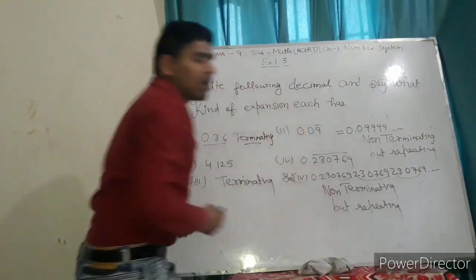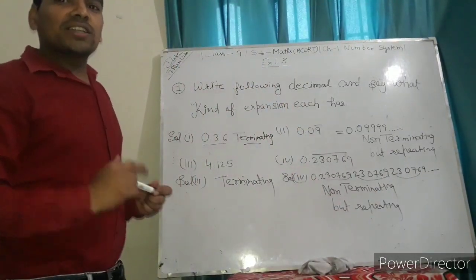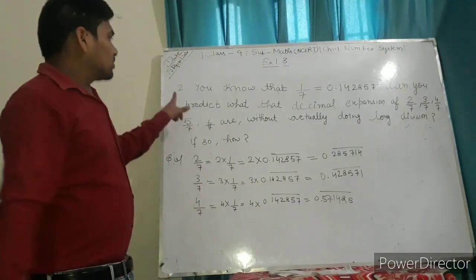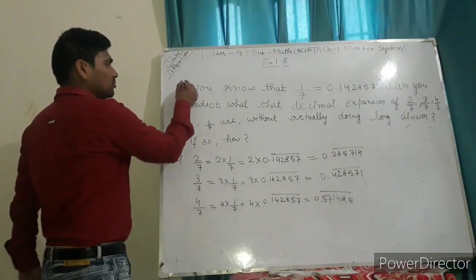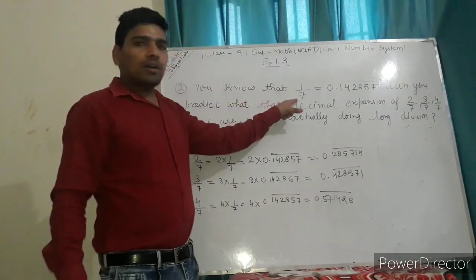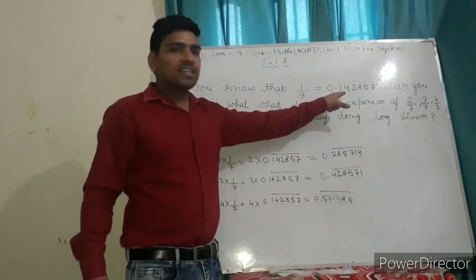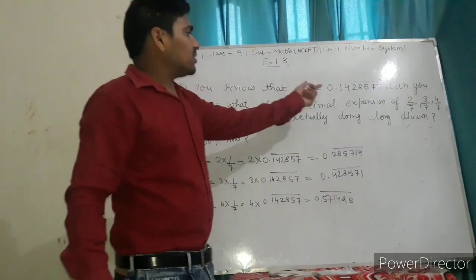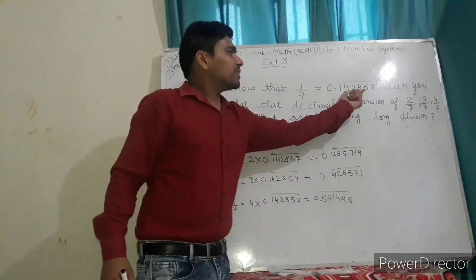Now we are going ahead and I am going to start the second sum. Sum number 2 is saying, you know that 1 upon 7 is equal to 0.142857 and there is a bar on this block.